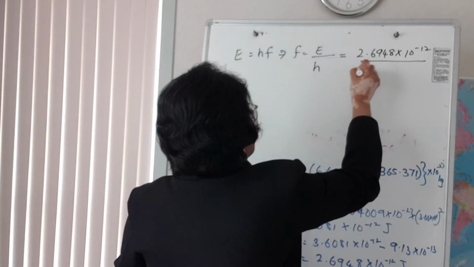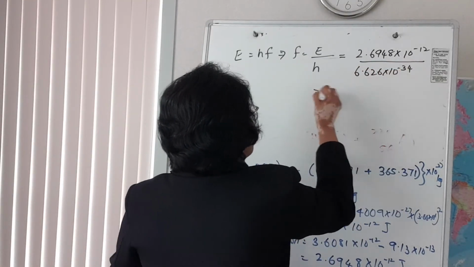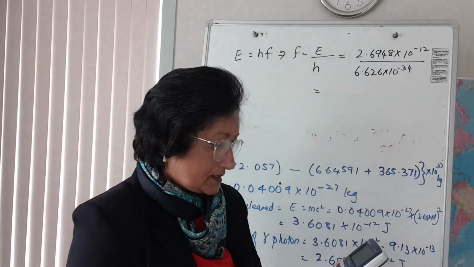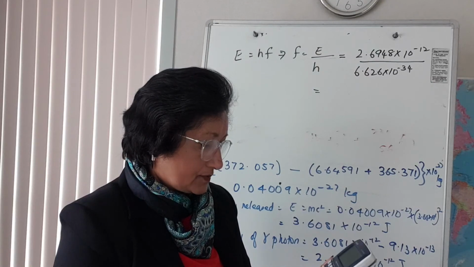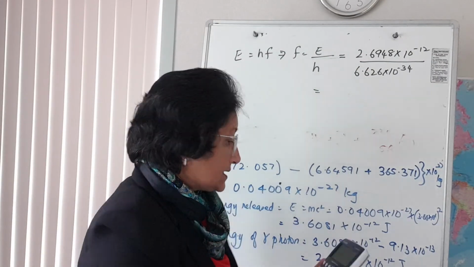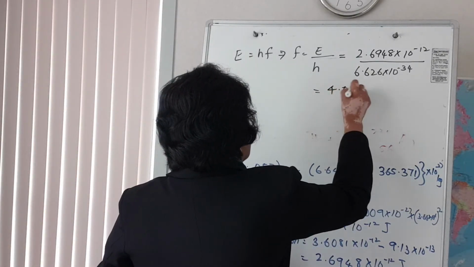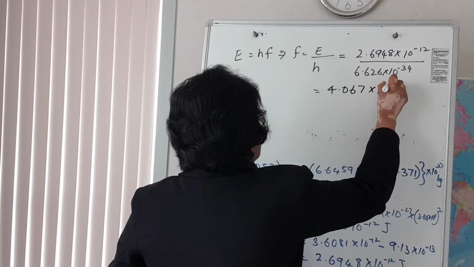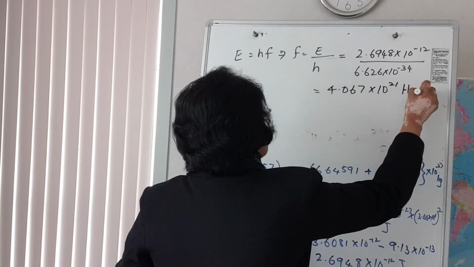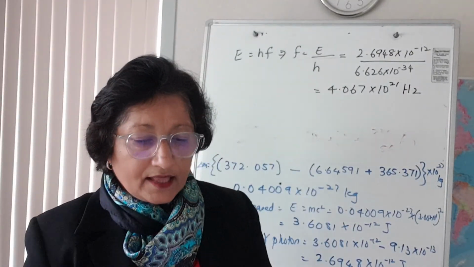So you divide that by 6.626 times 10 to the power of negative 34. When I divide that, I get 4.067 times 10 to the power of 21 hertz, because it's frequency. Okay, so that is that question solved.